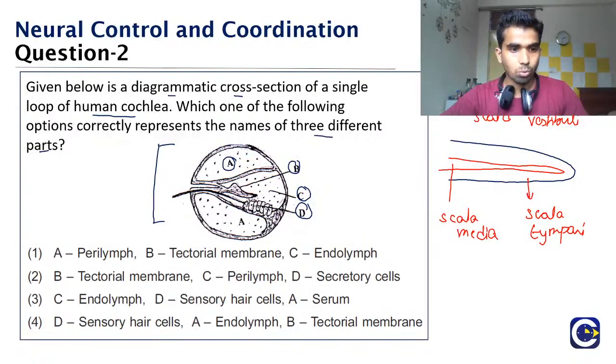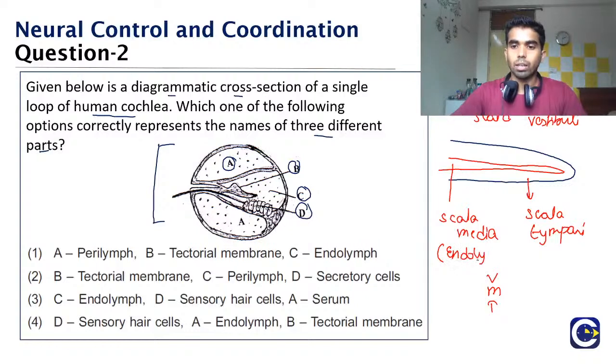Okay, all of you are saying that the answer is option A. So let's see. I remember it as TMV, that is tobacco mosaic virus. Here the scala media is filled with a fluid that is known as endolymph, and the scala vestibuli and the scala tympani are filled with perilymph.